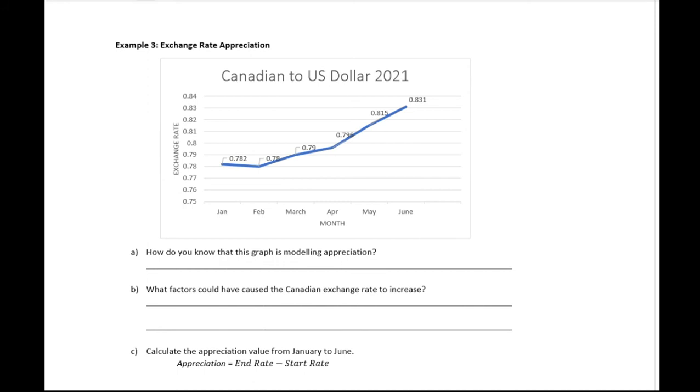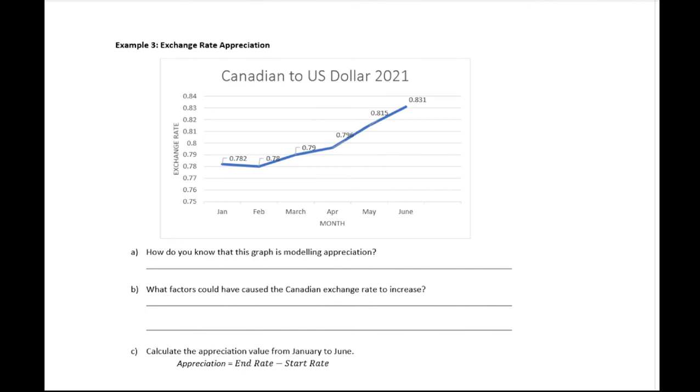Right, looking at the exchange rate from Canadian to US dollar. So basically what this means, in January, 1 Canadian dollar was worth 78 cents American, right? And 78.2 cents. Then 78 cents, 79, 79.6, 81.5, and finally 83.1 cents for every Canadian dollar.